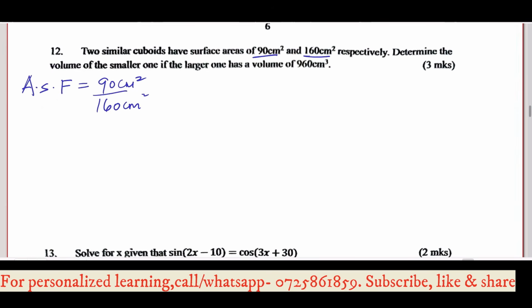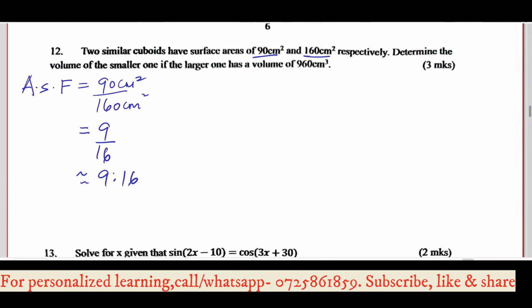So we can write this in simplest form. So 90 divided by 160. I want to simplify this, give it as a fraction. This will give 9:16. That is the simplest form. So 9 divided by 16, which we can write as 9:16. So this is the area scale factor.